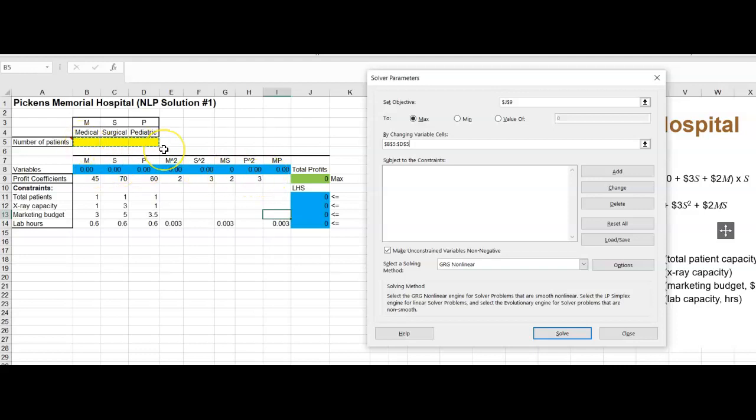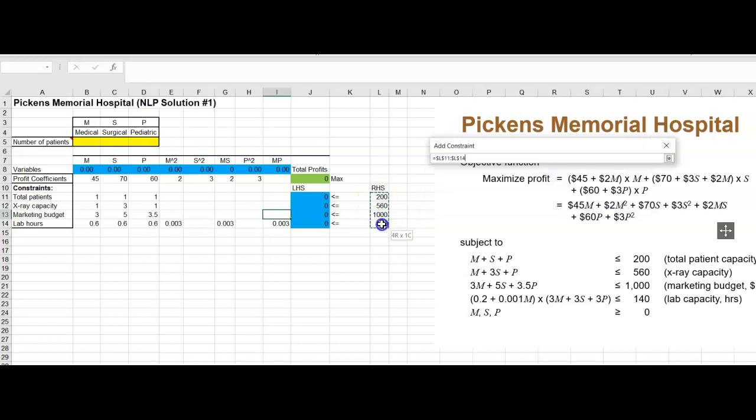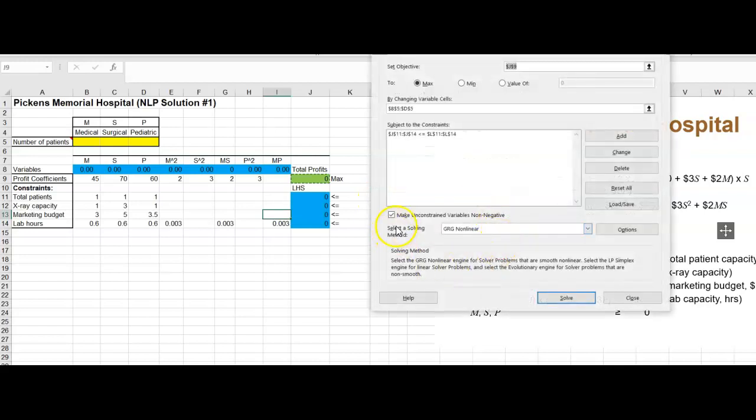Instead, just keeping these three as changing cells takes care of everything. And we can add one set of constraints because they all have the same sign, less than or equal to the right-hand side.